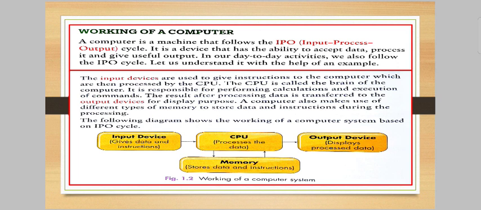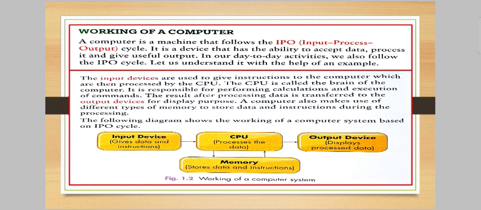So first is working of a computer. We all know that a computer is an electronic machine that follows the IPO cycle. IPO cycle means input, process and output. Input means we give instruction to the computer in the form of data. Then the computer will process the input data.